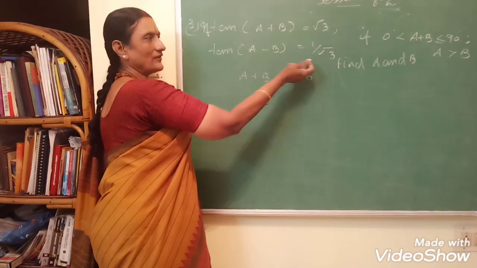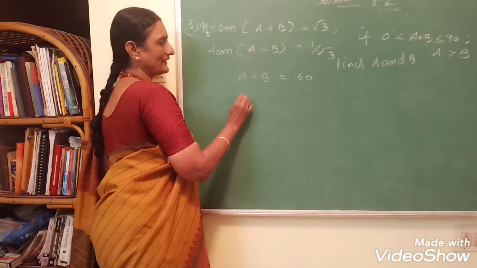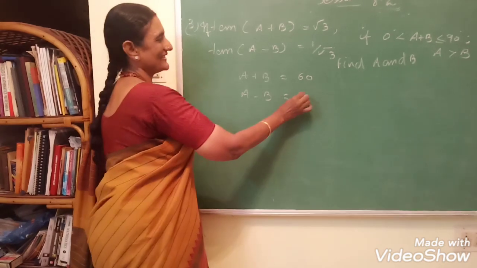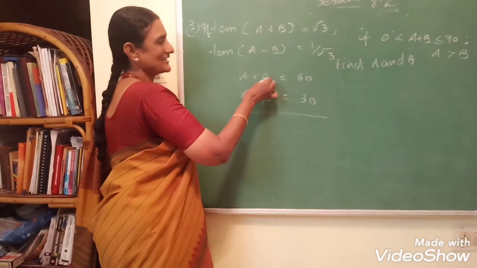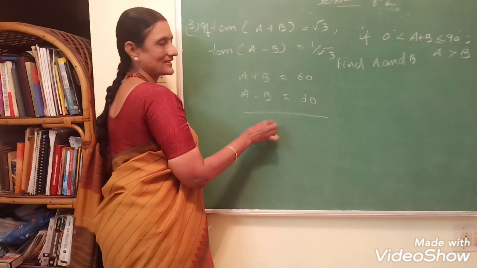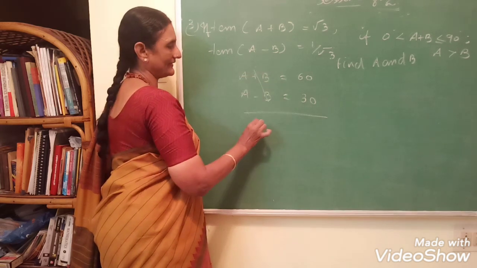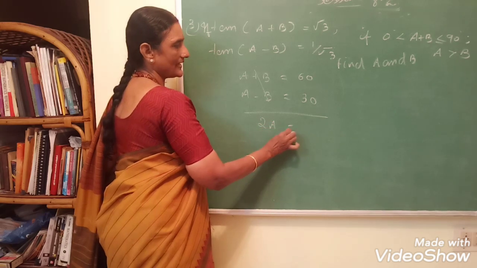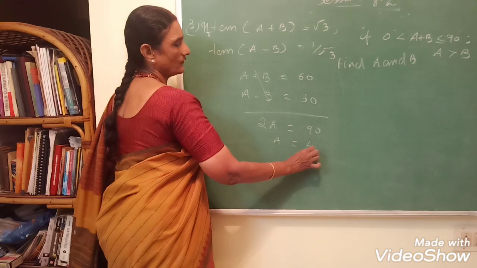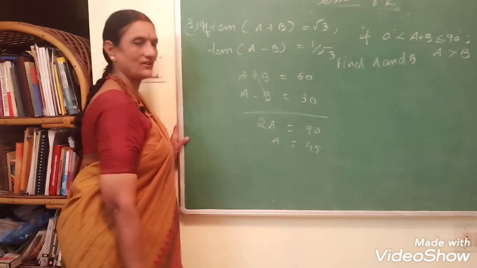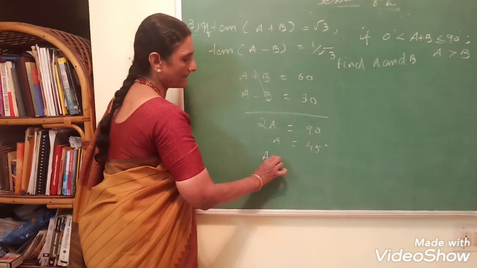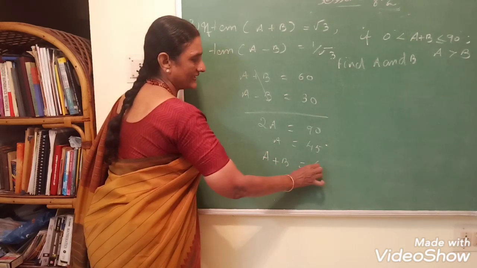And tan of a minus b is equal to 1 by root 3 means a minus b should be equal to 30 degrees. So here there is a plus b and a minus b. We have to add both the equations so that b and b will get cancelled. You will get 2a equal to 90 degrees. So a is equal to 45 degrees. Are you understanding? Just because a is 45, a plus b is equal to 60 degrees.